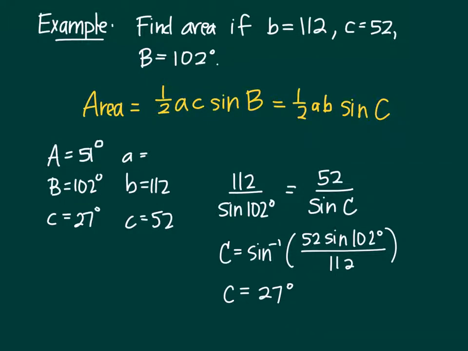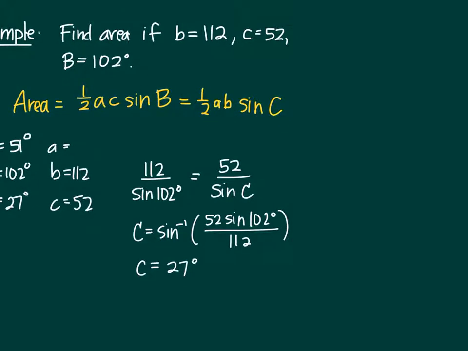Well, now that I have that, could I use the other area formula? So that would be 1/2 and then sine A. What would I need between the 1/2 and the sine A for that one? B and C. Do I have all the pieces that I need? Okay, so now I have B and C, so I'm going to use this one because I have all the parts that I need to make that work.